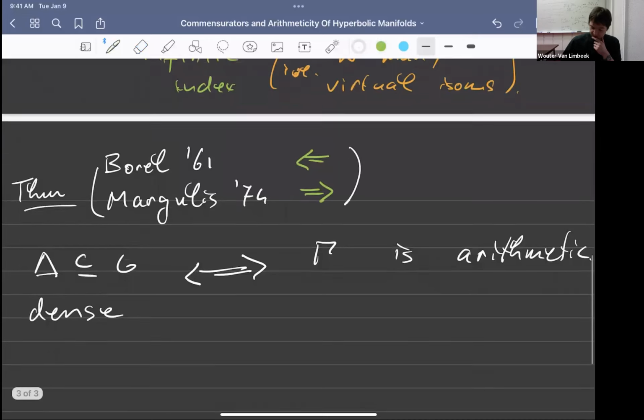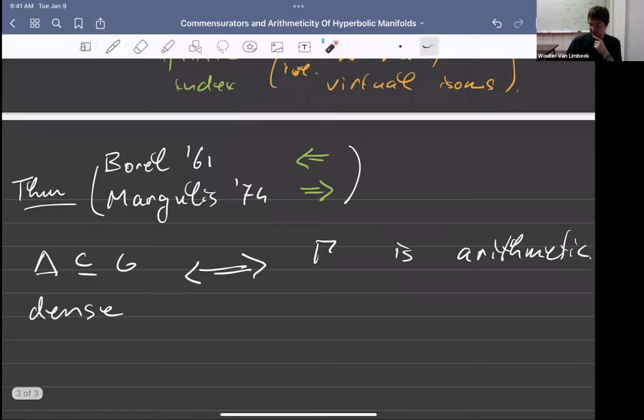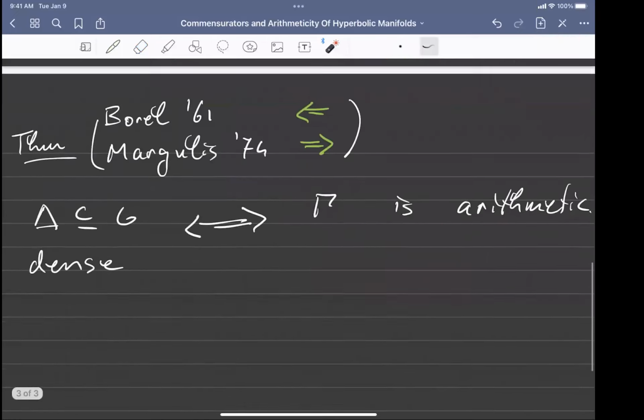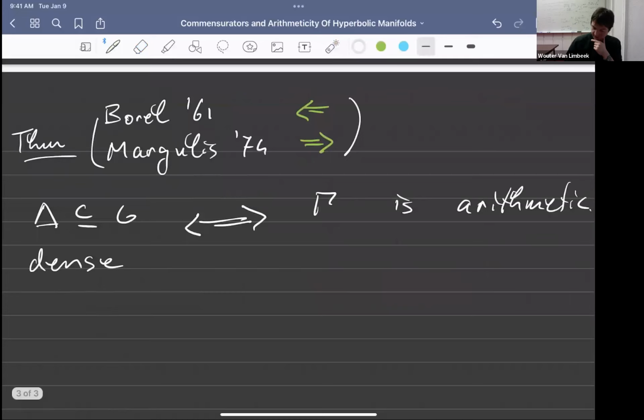Now, question. I'm not sure in this seminar, do I need to, I probably need to say a bit more. Yes, it'll be a good idea if you say what arithmetic is. Okay, good. So what does it mean, arithmetic?